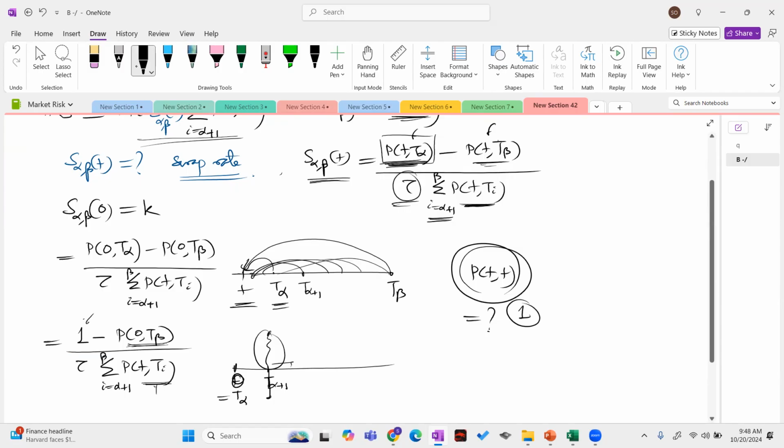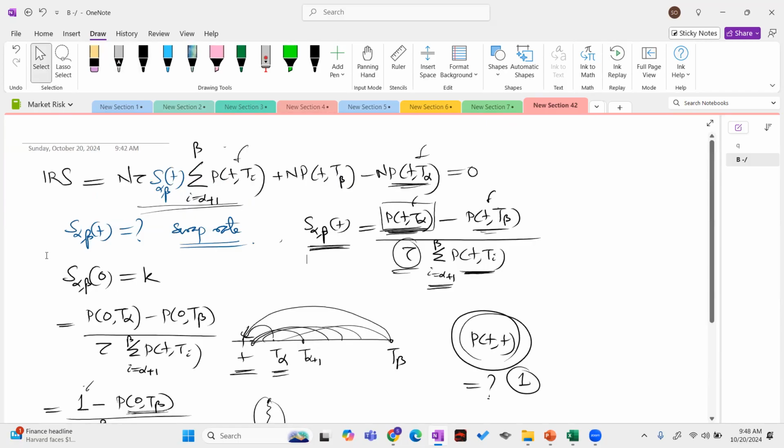So this is the swap rate, and you can calculate it at any point in time, not just at inception. Whatever is the swap rate at inception, that gets fixed as the fixed cash flow, because this will ensure that the IRS value is 0 at the beginning. Okay.